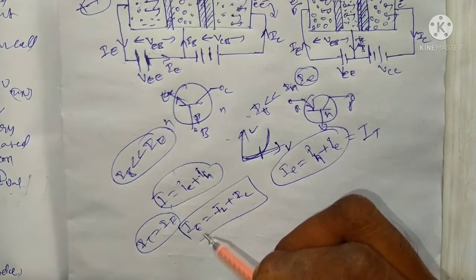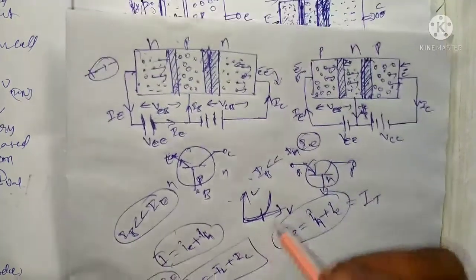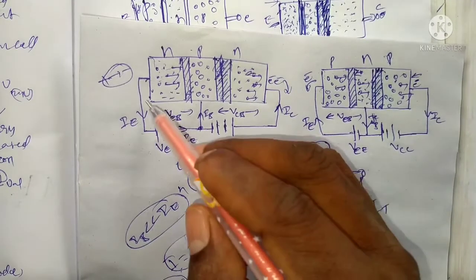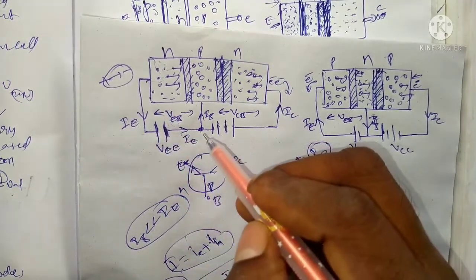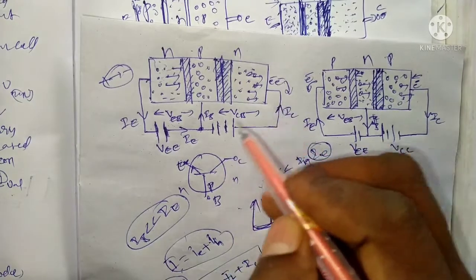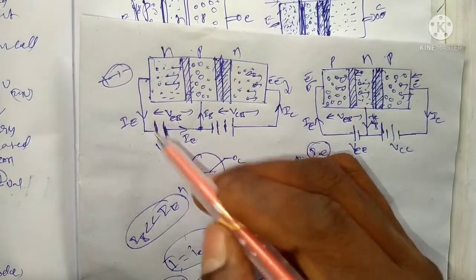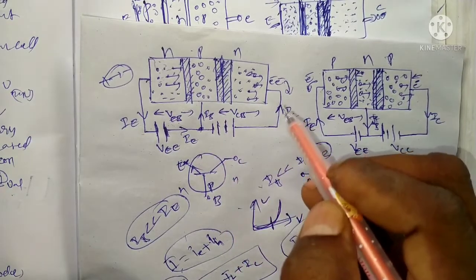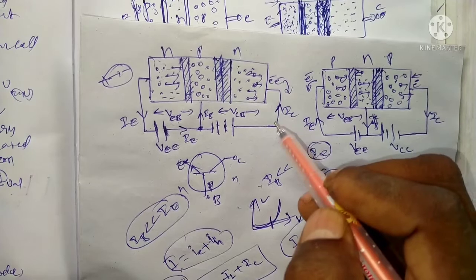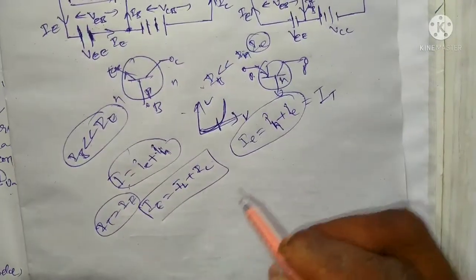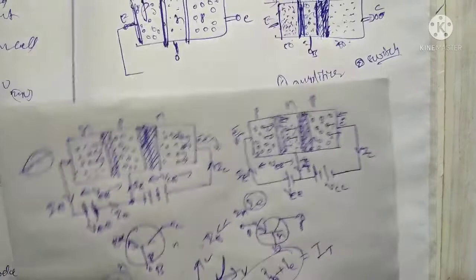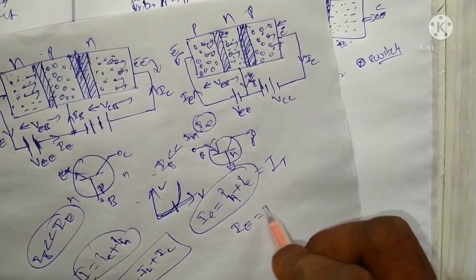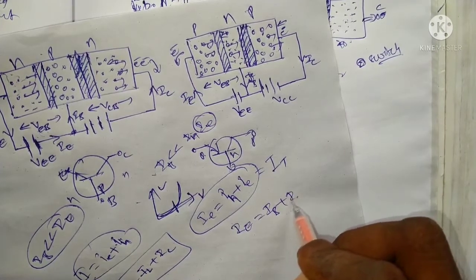At this junction, according to Kirchhoff's law, IE, the total current, is divided into two parts: the base current and the collector current. That is IE equals IB plus IC.